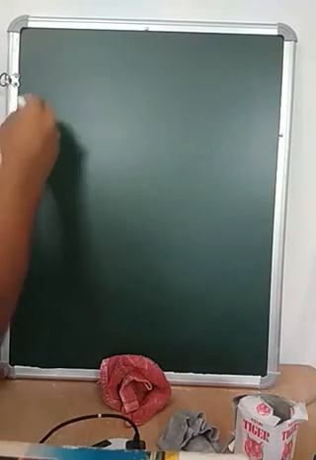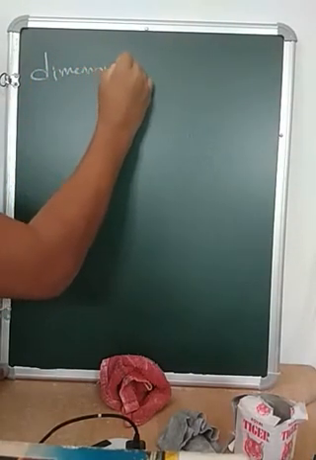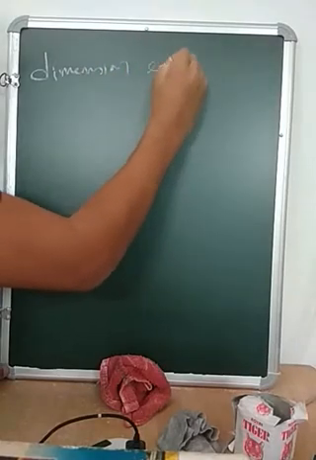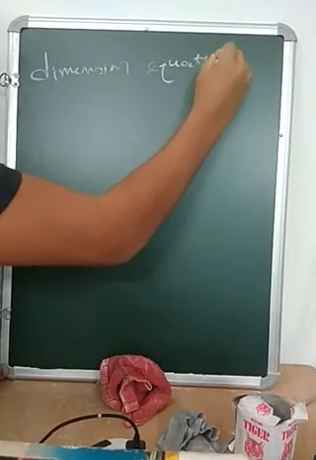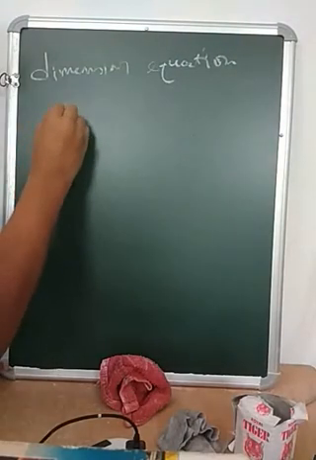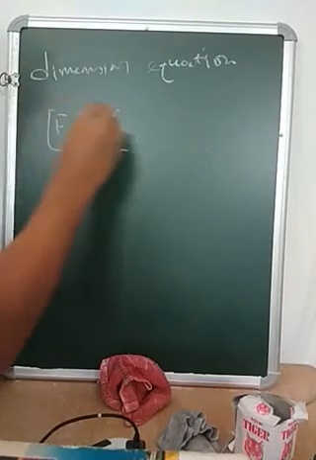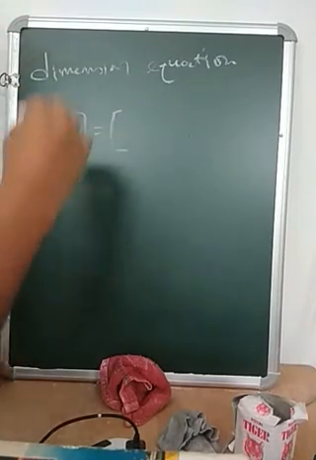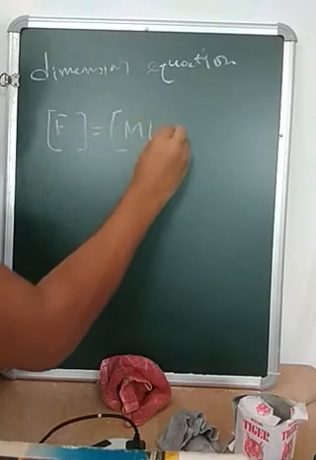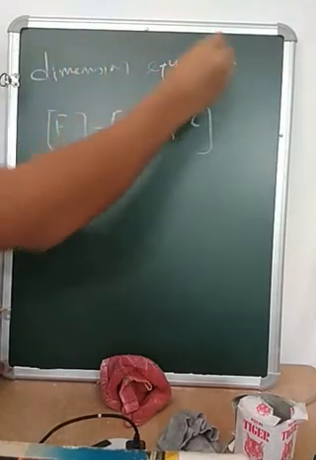Now, dimensional equation. Dimensional equation is nothing but one side there is the physical quantity, other side is the dimensional formula in terms of base quantity. So this is the dimensional equation of force.